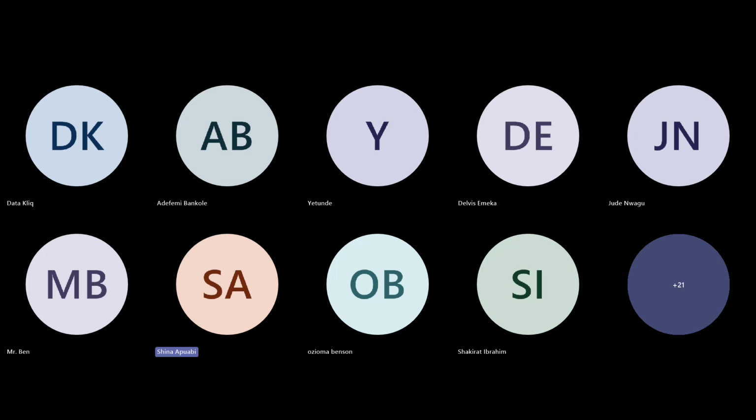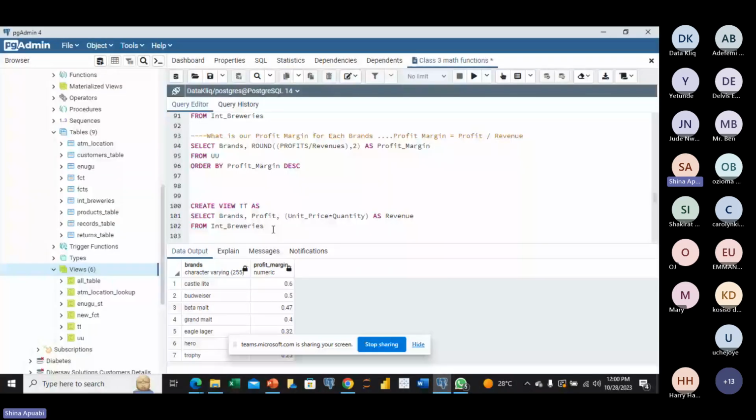Let me share my screen. If you highlight a query like this, you will still get the same result. But in the midst of lots of queries, I can just put a semicolon and continue.